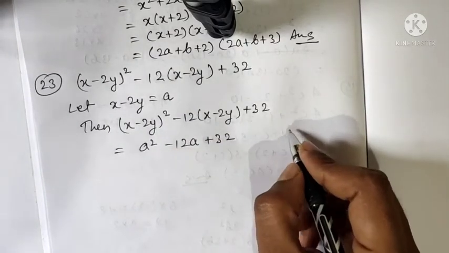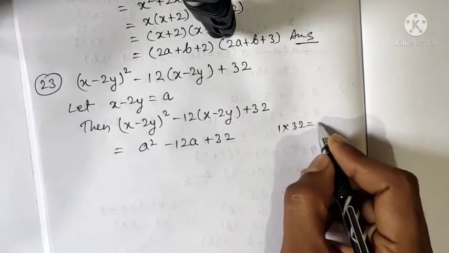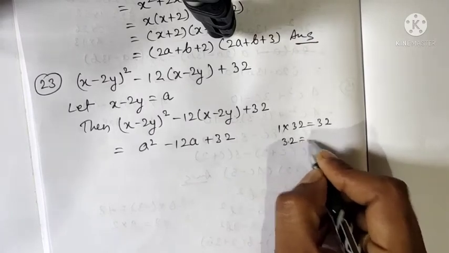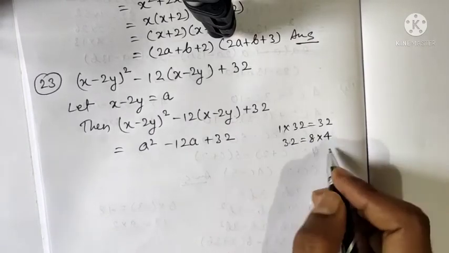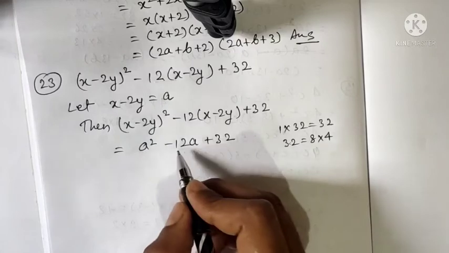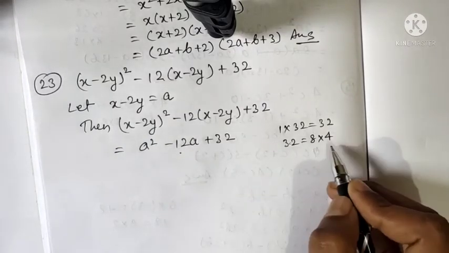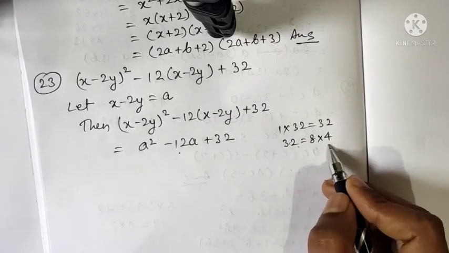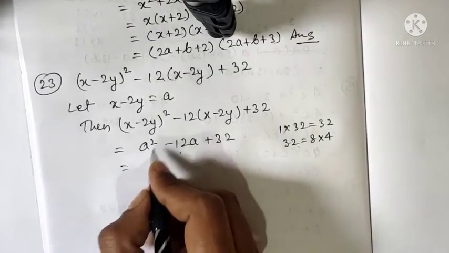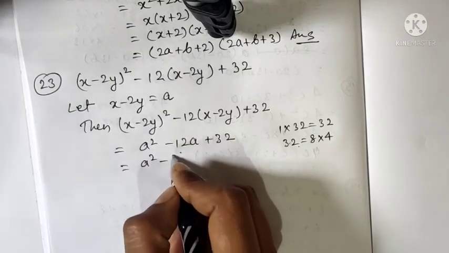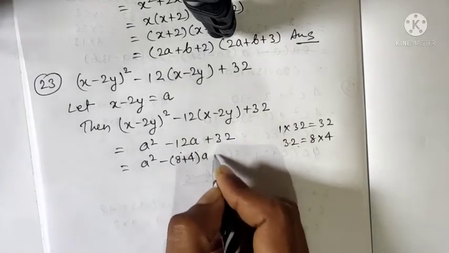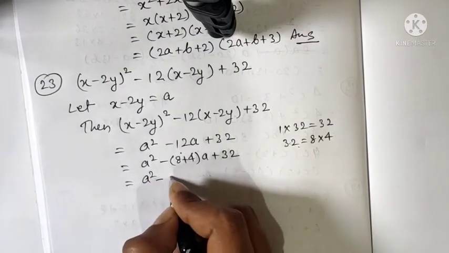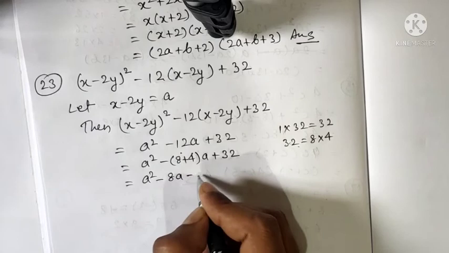Since it is a trinomial, we will solve it similarly. Now 32, the sign of 32 is positive, so we have to find the factors in such a manner that their sum will be equal to 12. So 8 plus 4 is equal to 12. Now we can write it as a square minus 8a minus 4a plus 32.